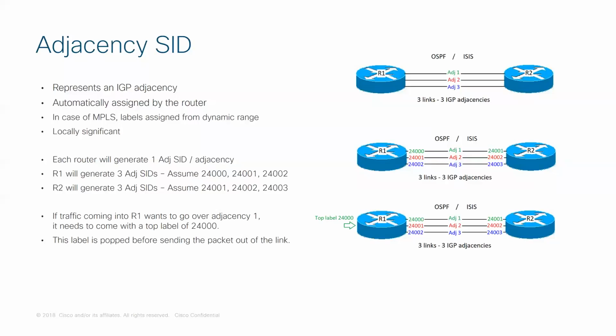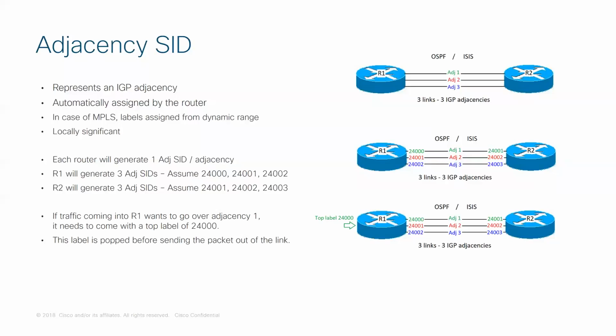Then the label is popped and then the inside label. Exactly. So the label has a local meaning only. Looking at the last diagram here, if traffic comes with a top label of 24,001 to R1, that means go out of link 2. If a packet comes with the same top label of 24,001 to R2, it has a different meaning. Go out of the top link, right? It's local. That's why it's local.